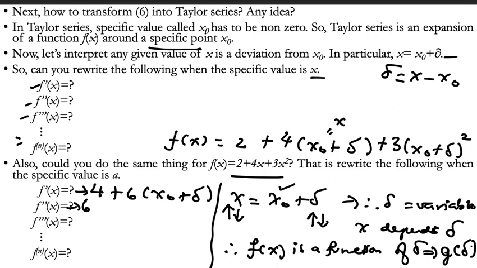Now, recall the f(x) that we have here. So original function f(x) is this one, and this f(x) here is a function of delta if we allow it to have differences in terms of delta.